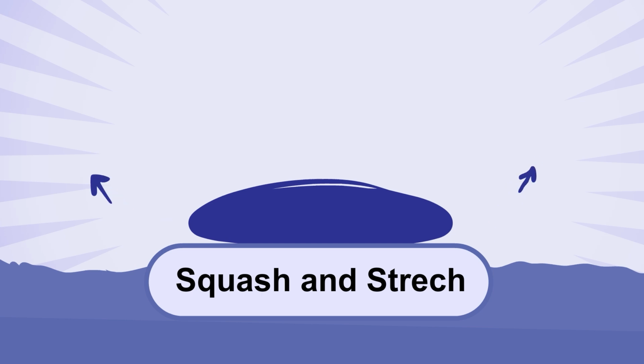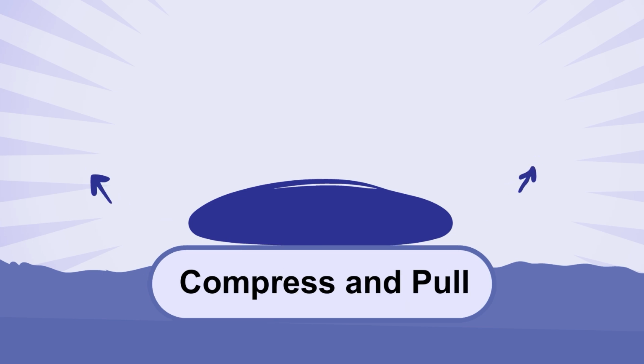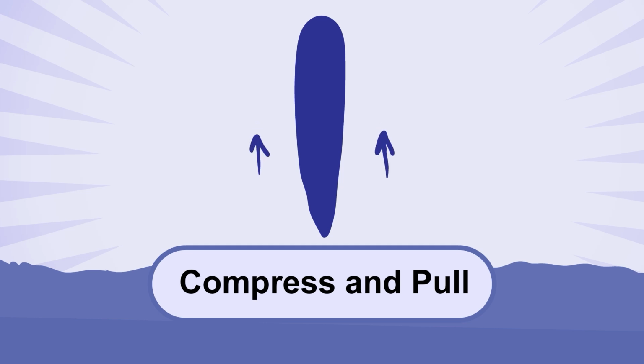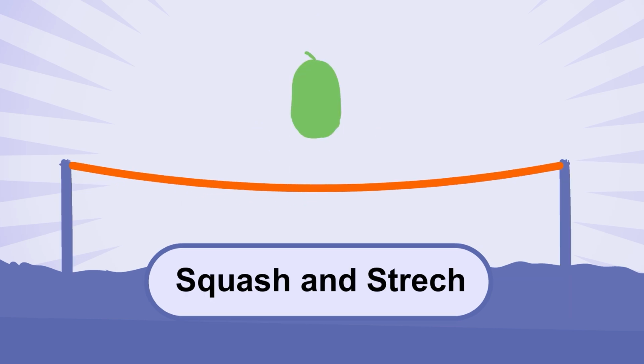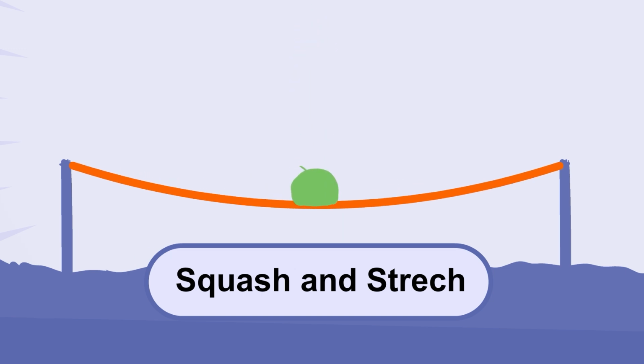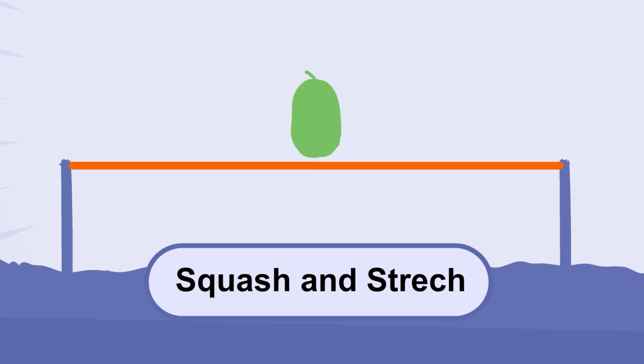Depending on the situation, you are either going to squash, that is compress, or stretch, that is pull the object or character. Now the amount of squash and stretch the object shows depends on how flexible it is and how heavy it feels. The key thing here is to know when to use it and when not to use it.